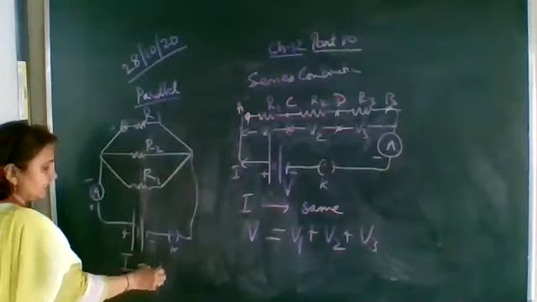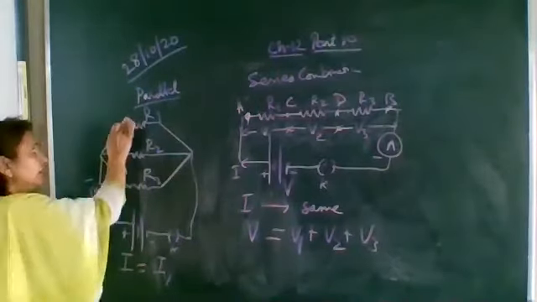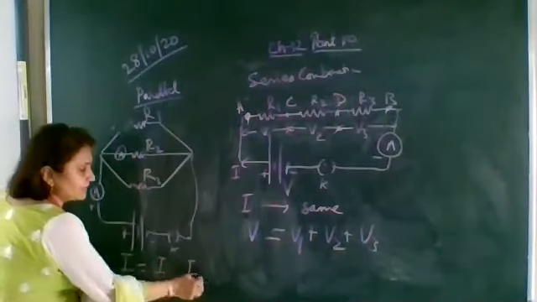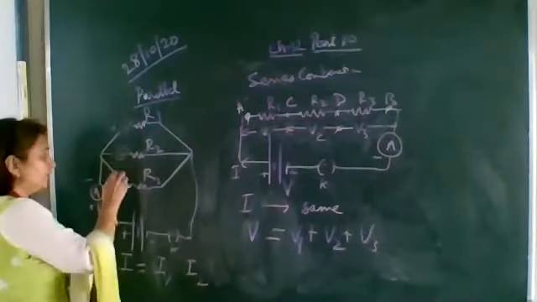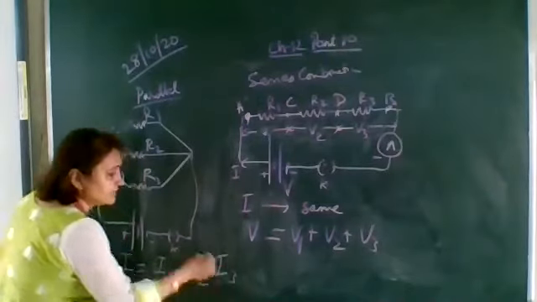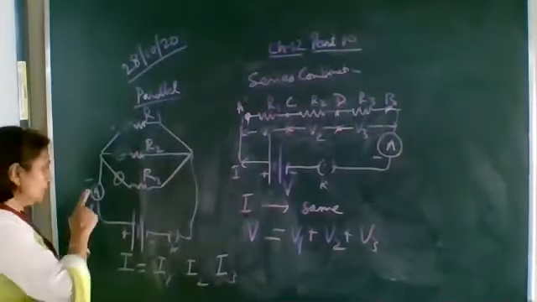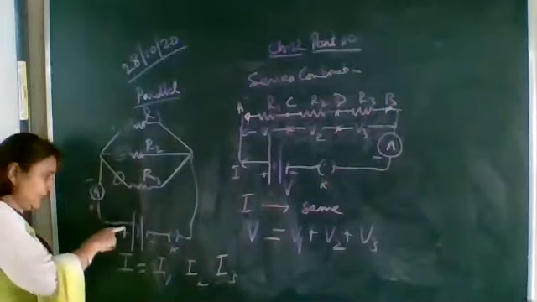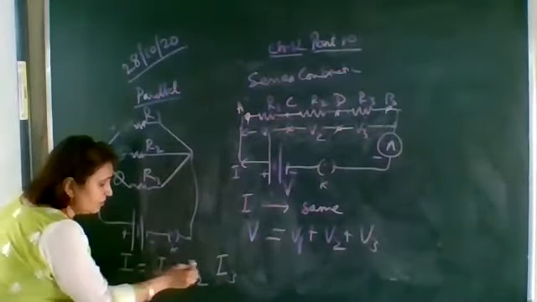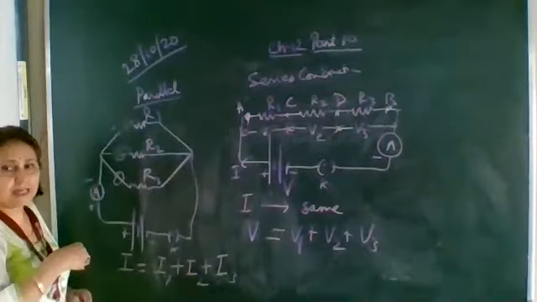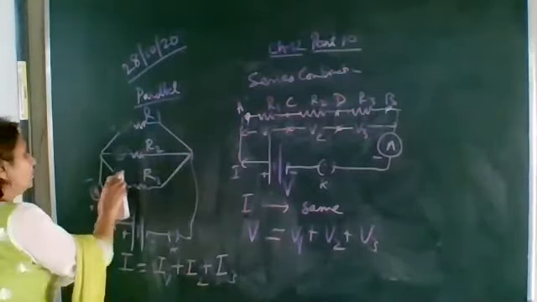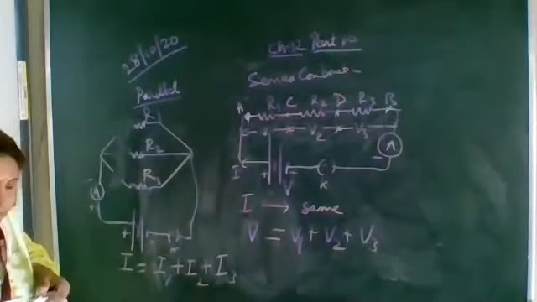Now let the current be I1. Remove from here, connect it over here. This time you will see that the current will be something else, I2. Remove from here, connect it over here in the third branch. This time you will see that the current is something else, let it be I3. So this is measuring the total current given by the battery. The total current given by the battery will be equal to the sum of I1 plus I2 plus I3, that is, the sum of the currents flowing through each of these branches.